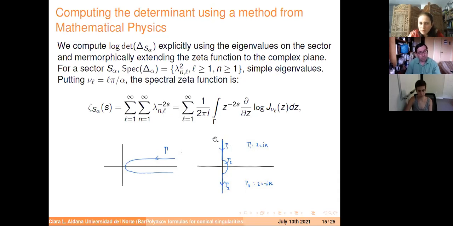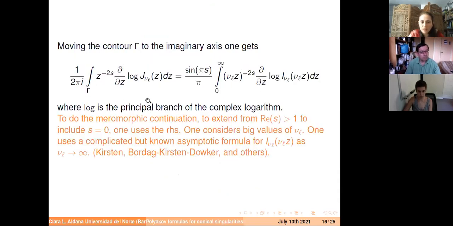And the next step consists in deforming this contour to these other contours and taking this limit to 0 here to rewrite this integral, so only this part, as this function. Here we will have sine of pi s over pi, and then here we have this integral. Here we have to go from the real logarithm to the complex logarithm using the principal branch.